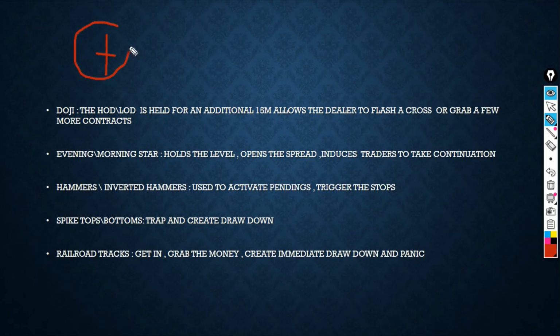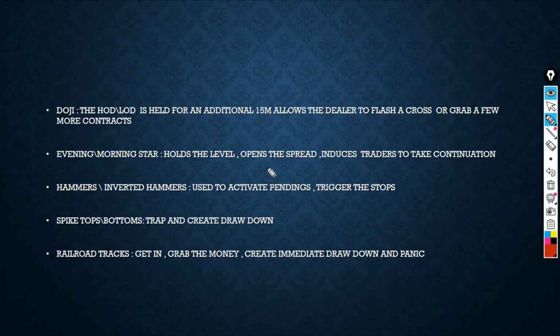He is just holding price, taking out people long, taking out people short. It's just a cross. Sometimes you'll find it like this, sometimes like this. This is just a doji. There is no price movement in a doji. The opening price of the doji is the same as the closing price of the doji.